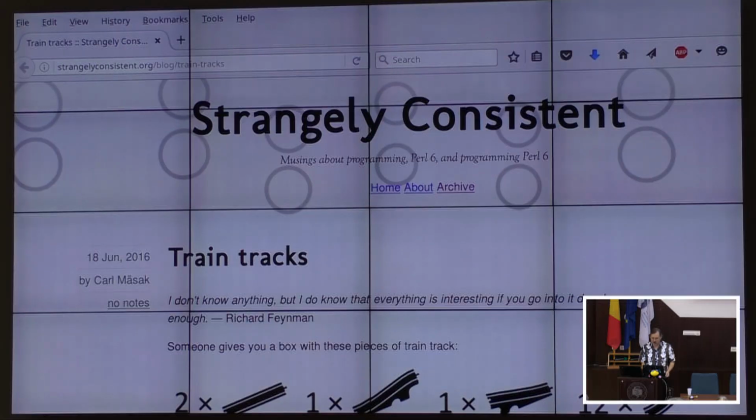I titled this talk Strange Consistency. Some of you know of Carl Messick. He has a blog called Strangely Consistent, which looks like this. Musings about programming Perl 6.